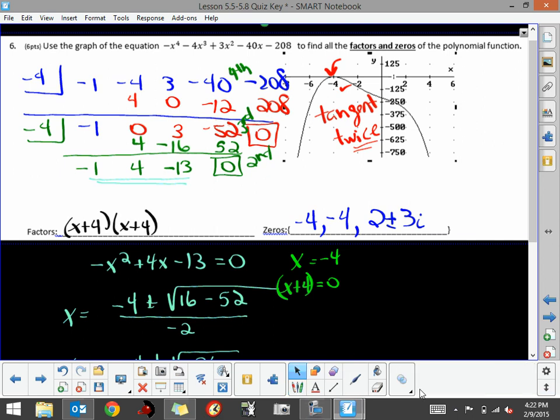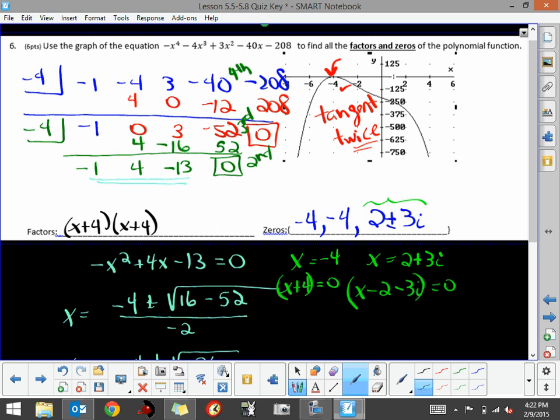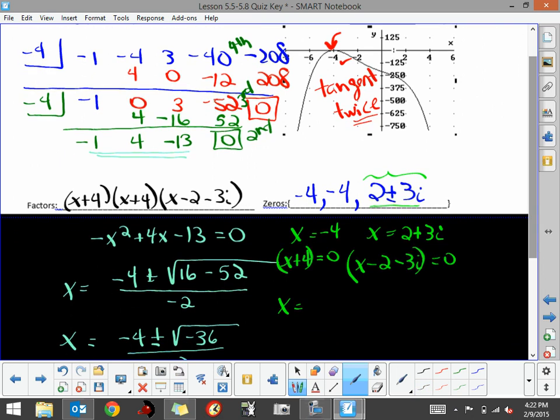We also know from our solving that these zeros of 2 plus 3i mean x is a solution when we have 2 plus 3i. We want to set this equal to 0 so we can get the factor x minus 2 minus 3i equals 0. That's another factor, so I'm going to put that one over there, x minus 2 minus 3i. Then we also have to go through with our third answer, which was when x is equal to 2 minus 3i.